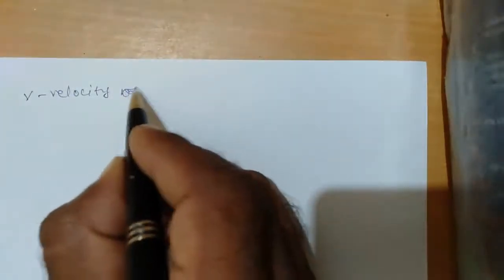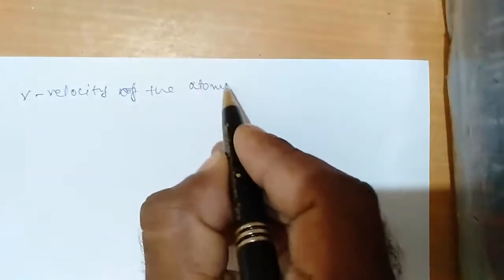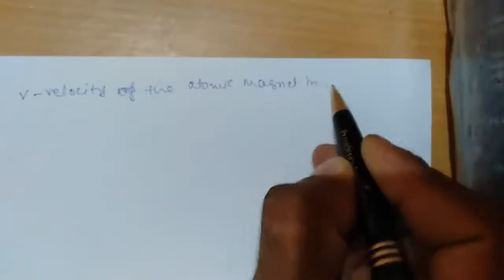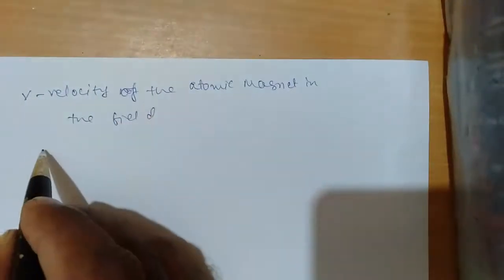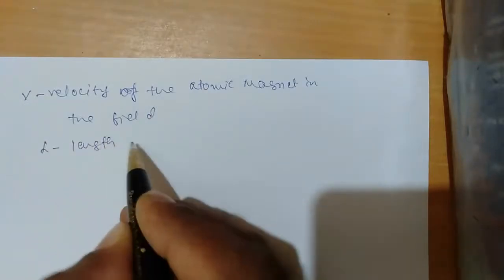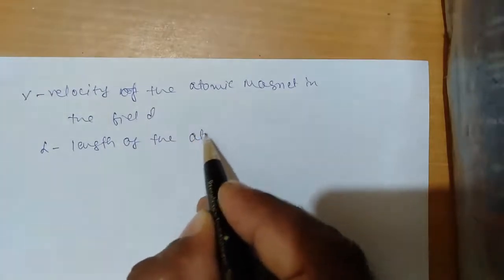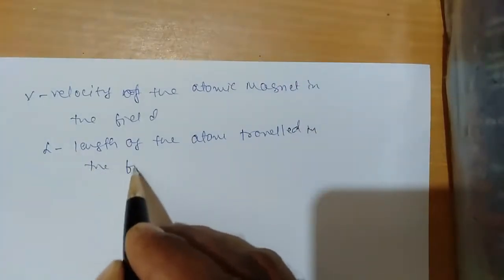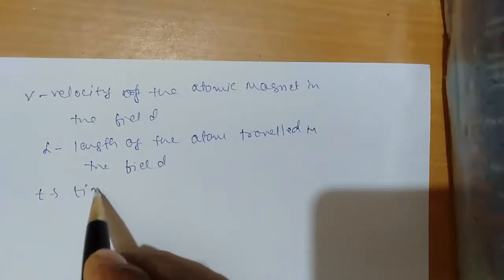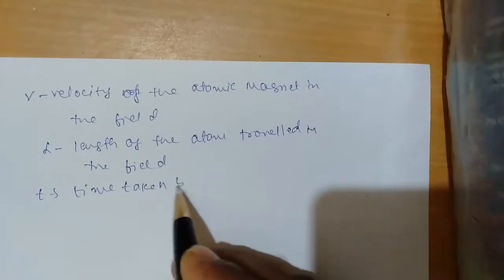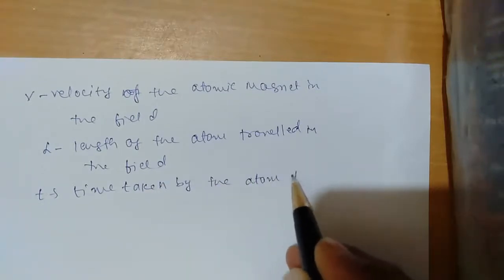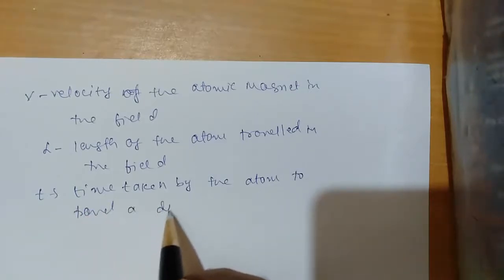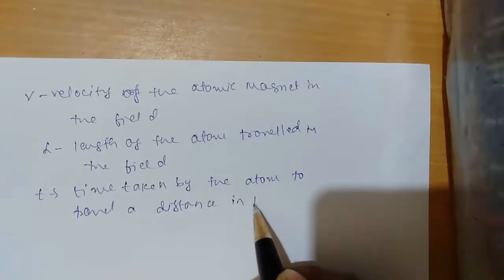Let us consider that v is the velocity of the atomic magnet in the field, L is the length of the field travelled by the atom, and let T be the time taken by the atom to travel this distance in the field.